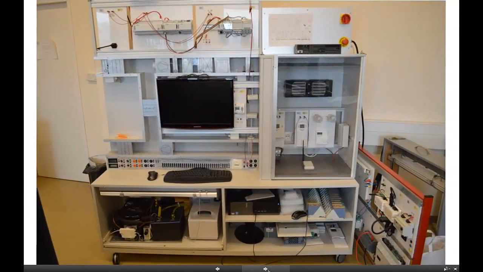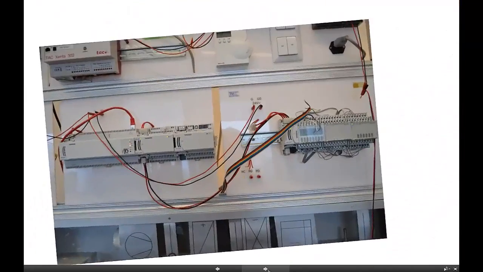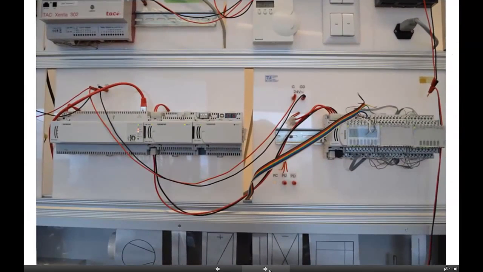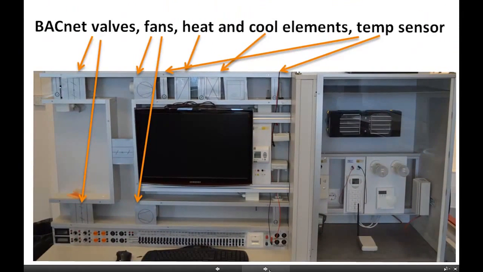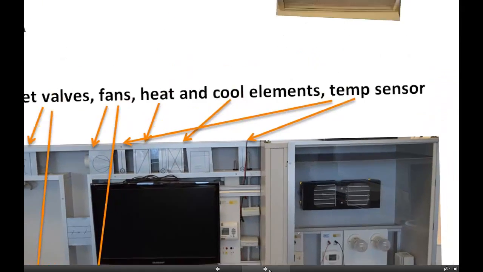And there's also a BACnet HVAC room model that is automated using BACnet controllers and used to heat and cool a simulated room. And for that, all the valves, fans, and heat of a simple model are controlled using BACnet.